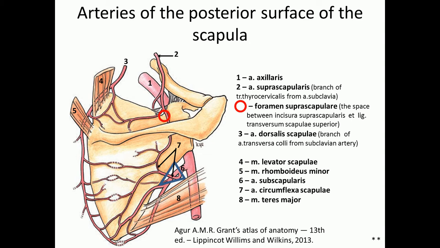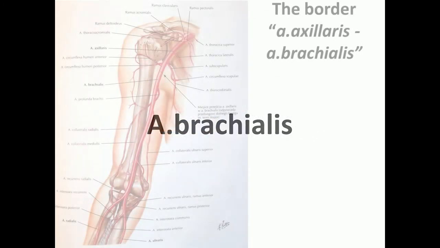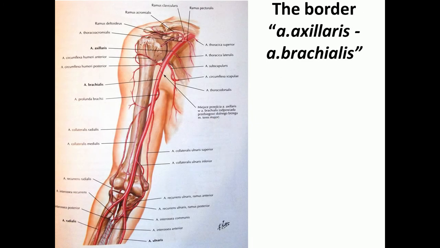So, arteria axillaris is finishing, and now the next prolongation of arteria axillaris is arteria brachialis. Arteria brachialis, because it prolongates arteria axillaris, should have a border with the previous artery.